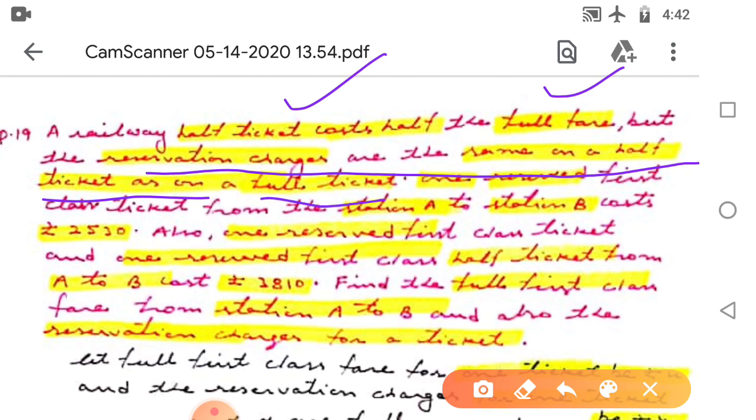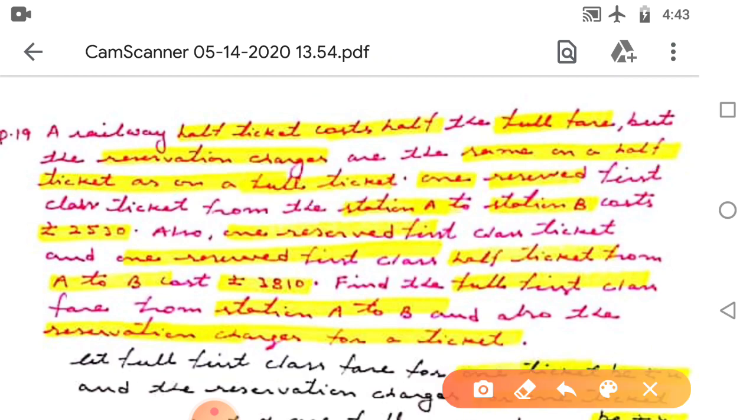As far as fare is concerned, the half ticket costs half the full fare. If the fare of a full ticket is 100 rupees, the half ticket is 50 rupees. But as far as the reservation charges are concerned, they are the same. This is the beginning of the question.